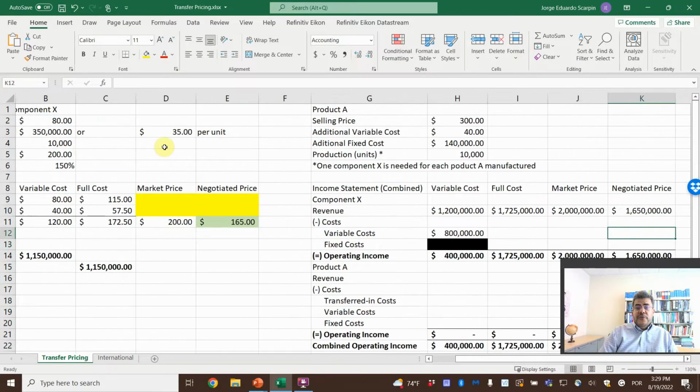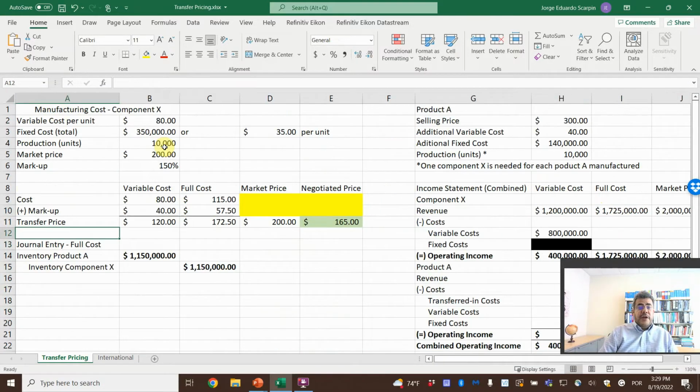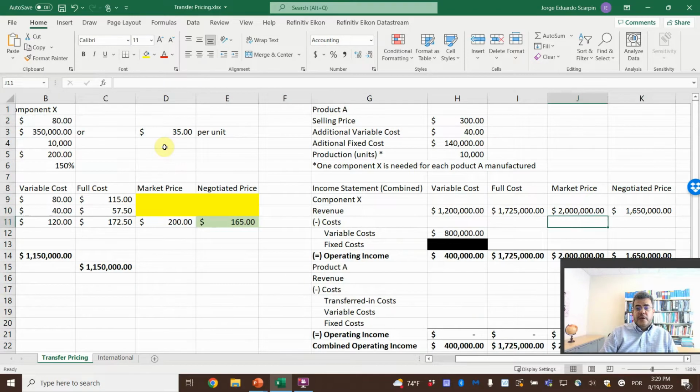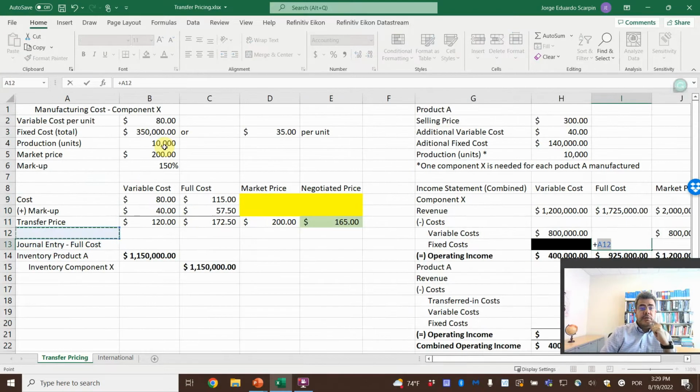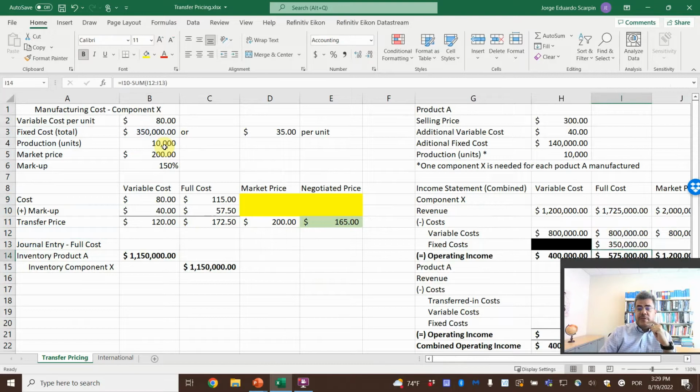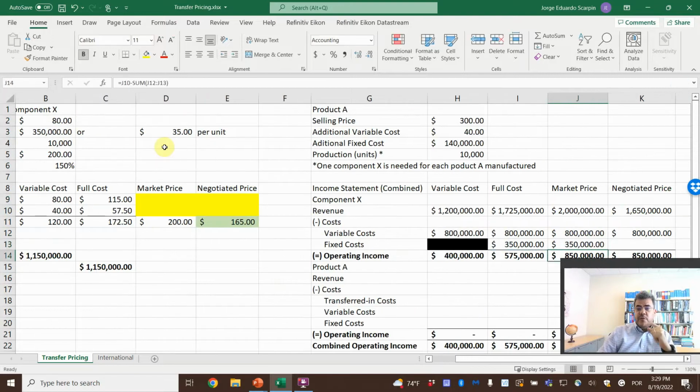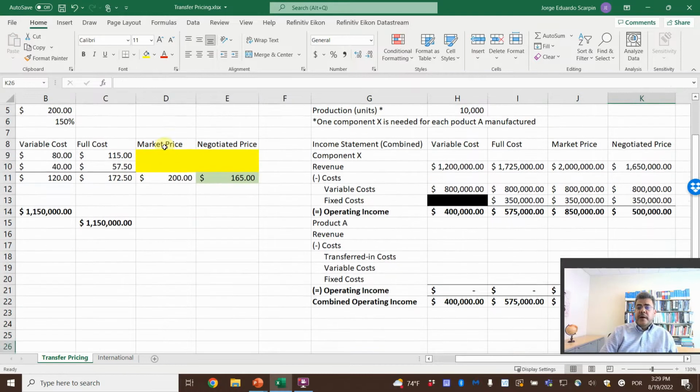For all of them, here is the variable cost. So here, 800, variable costs, and okay. Fixed costs, we don't consider them for the variable costs method. So fixed costs, 350 for the remaining two. So here are our methods.